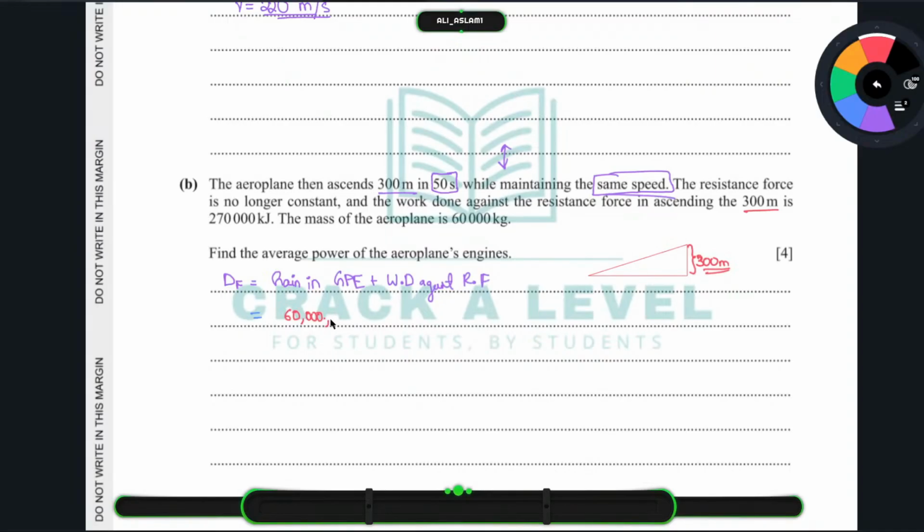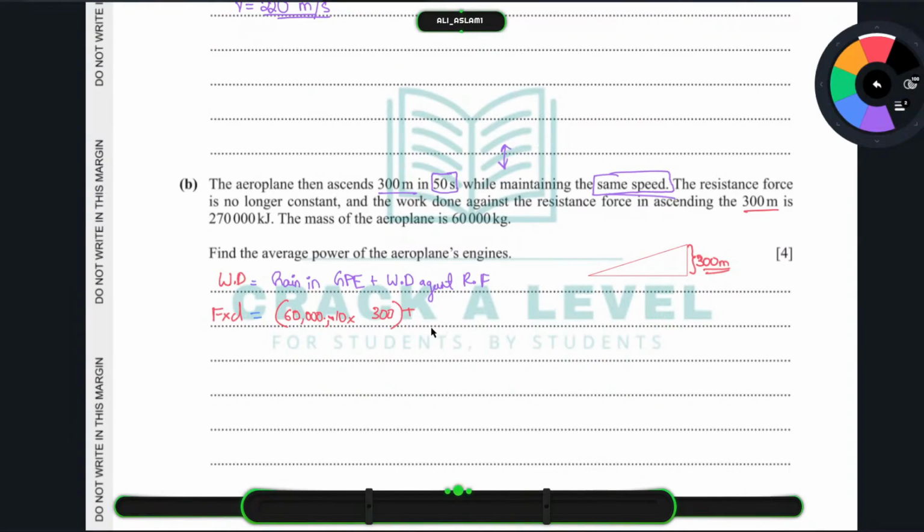So 60,000 into 10 into 300, plus work done against resistive forces. Actually, this is not driving force, this is work done. So work done would be F D somewhat. We are not aware of F V, but that would become power.